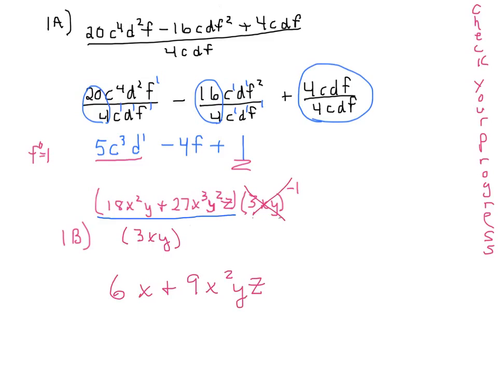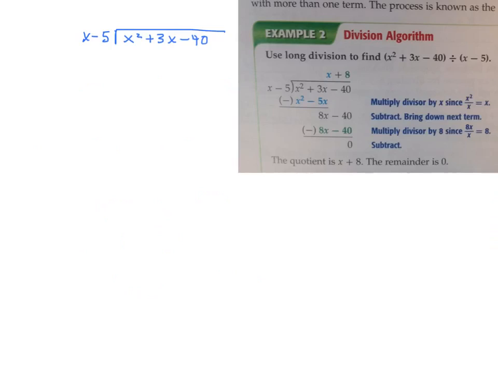All right, on to example 2. Okay, we're on to example 2, and your first question might be, why are we suddenly changing up the method? Why don't we use the same method? Why don't we put x squared over x minus 5 plus 3x over x minus 5 minus 40 over x minus 5?